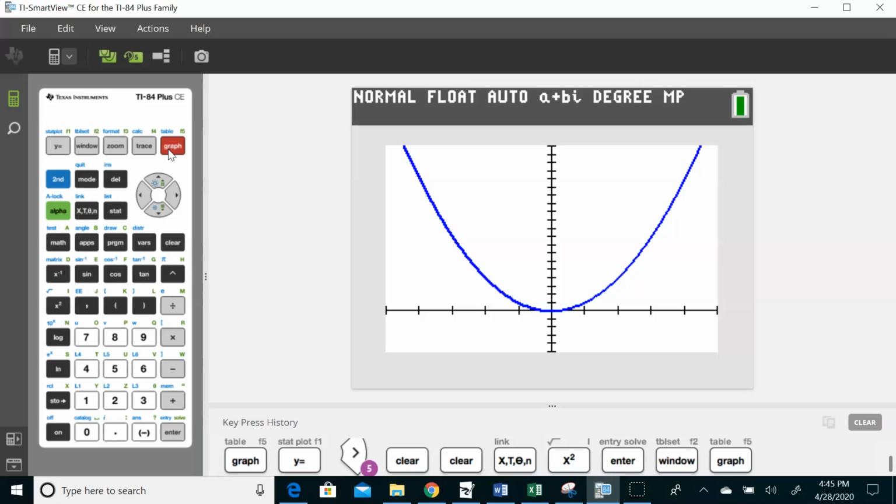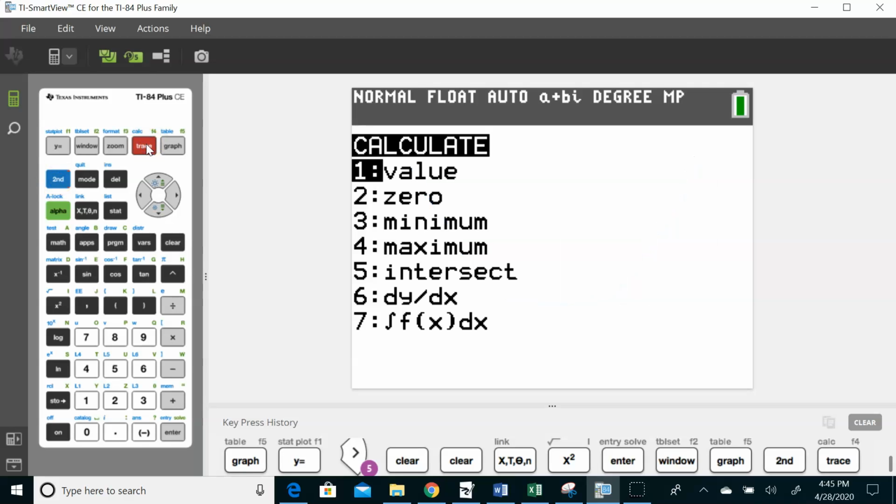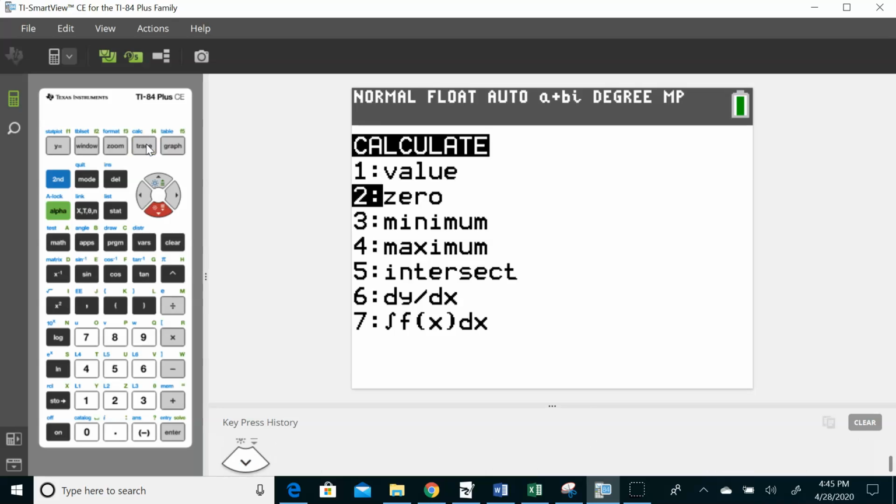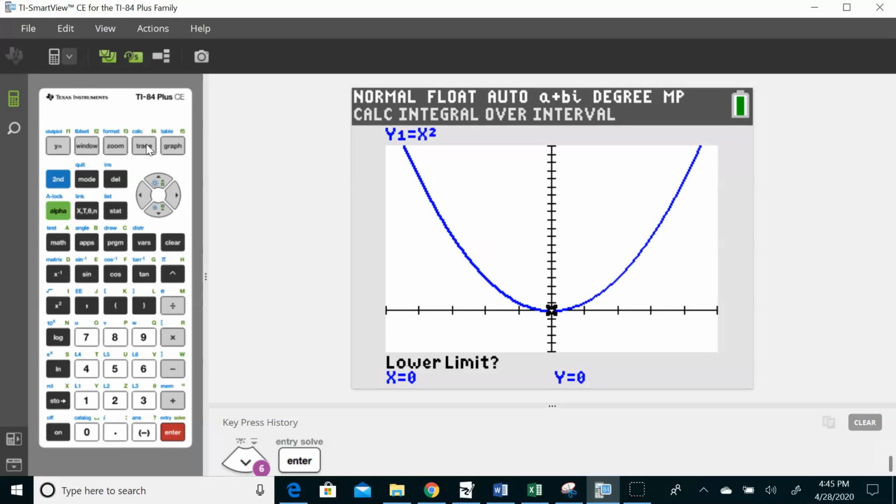Now, if you go to calculate, we've done this many times in math classes. Second trace, which is calculate. We've done mins, we've done maxes, we've done intersections, and look at number 7. Move down to number 7. It says take the integral or antiderivative of this function. I choose number 7.